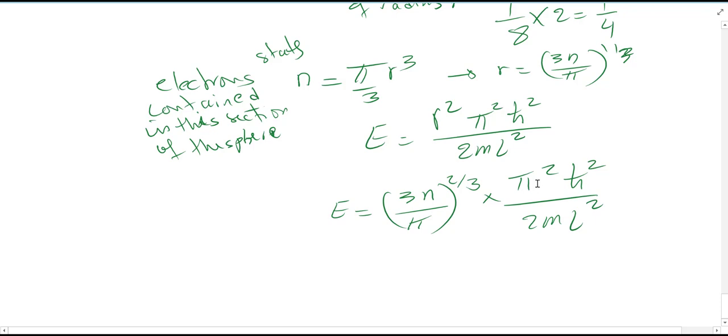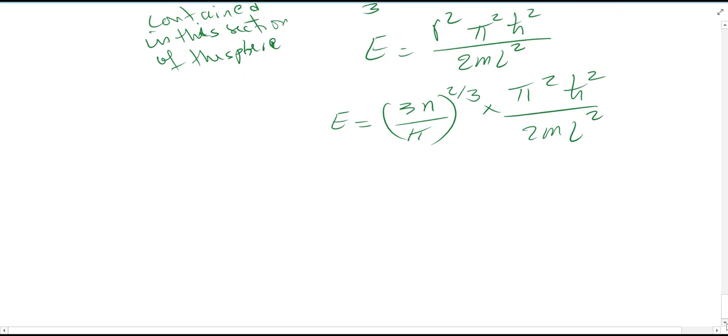It's probably more convenient to write the expression in terms of n as a function of E instead of E as a function of n, because that way we can take the derivative of n with respect to E. So we should have done it the other way around, sorry. Let's find r from this expression and substitute it in there, it's easier. So r squared is going to be equal to 2mL squared E over pi squared h bar squared.